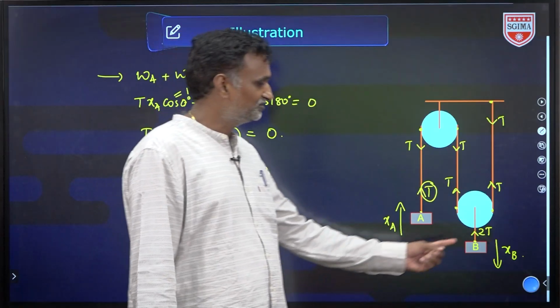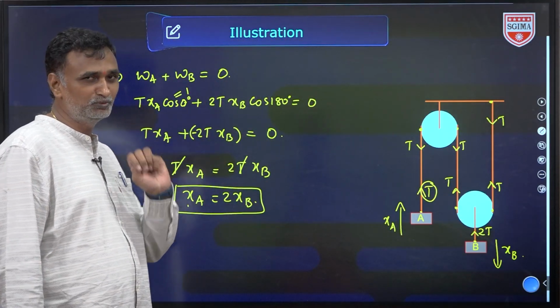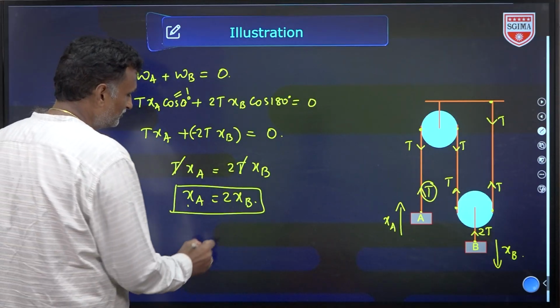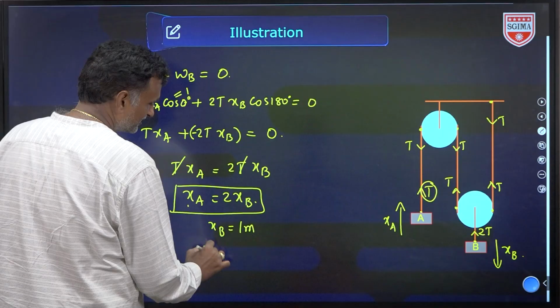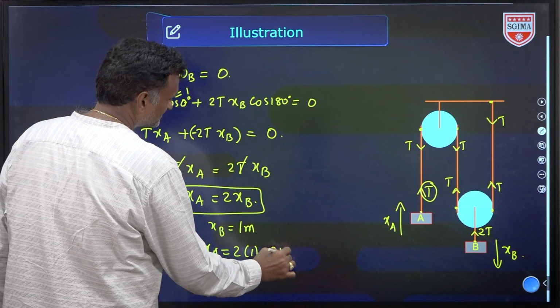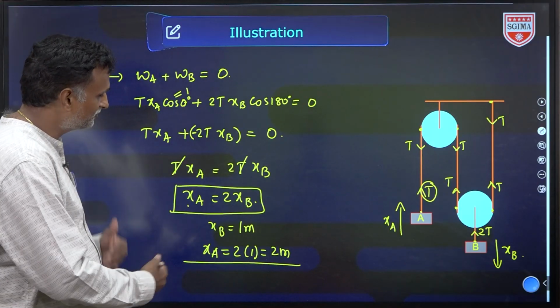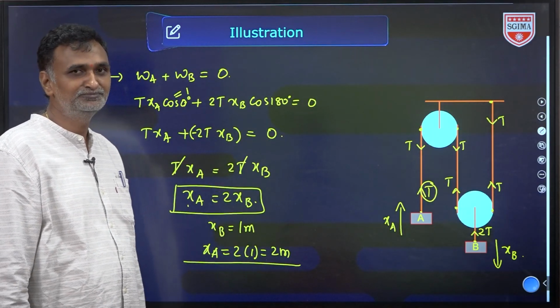Next, if XB covers 1 meter, then XA covers 2 meters. So, if we conclude here, XB equal to 1 meter, then XA equal to 2 into 1, 2 meters of distance. In the same ratio, velocities can also be solved.